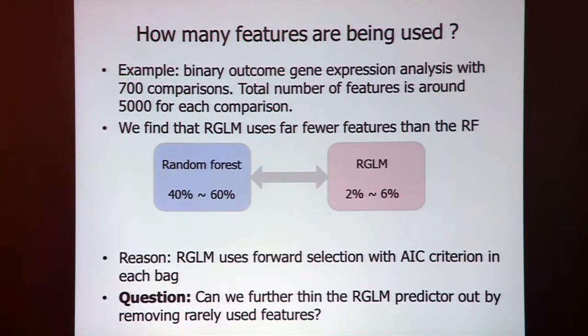Remember, it uses forward regression, and that already cuts down tremendously on the number of genes used. So on average, it involves between 2 and 6% of variables. But even that is a lot. If you have 20,000 genes, 2% is a lot of genes. And so, as I mentioned, we now want to thin this predictor further by removing rarely used features.